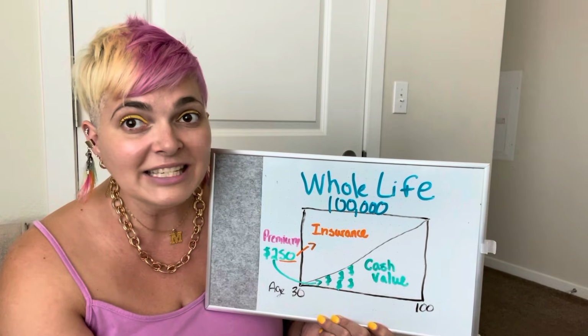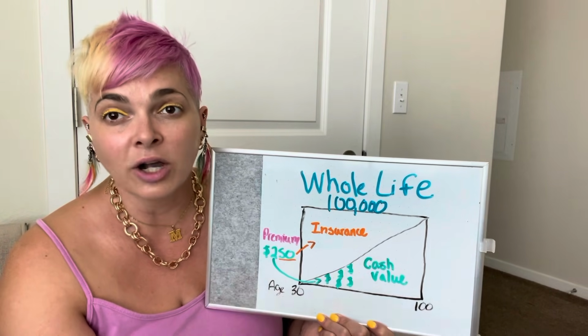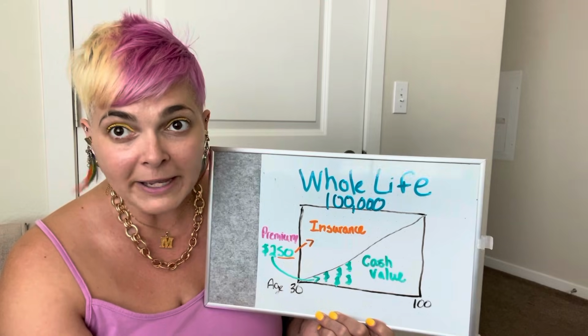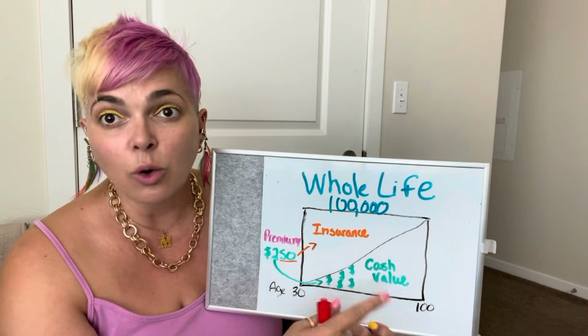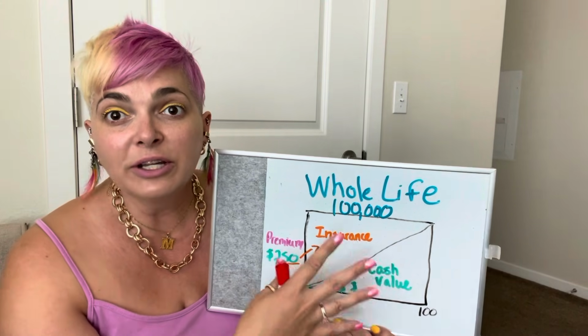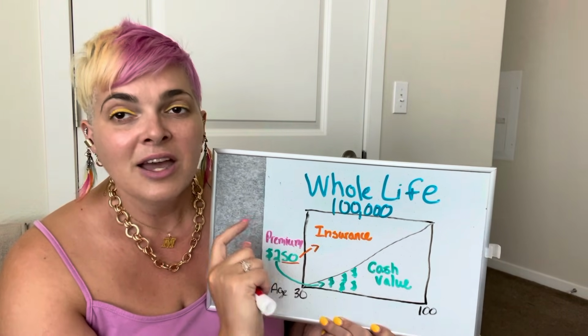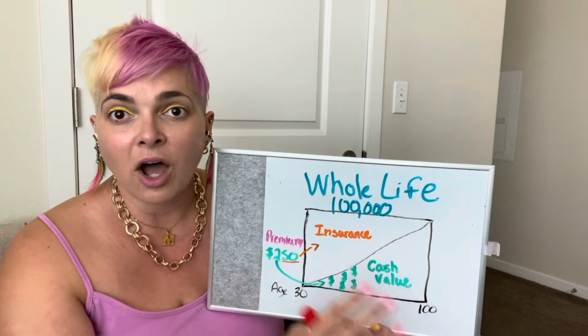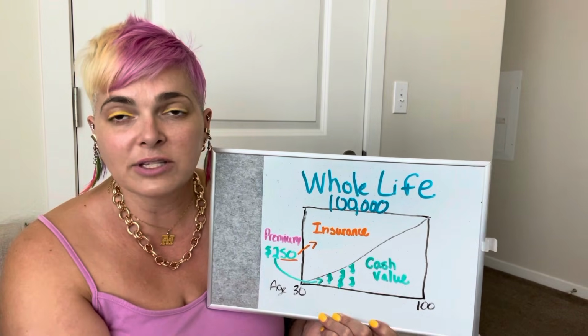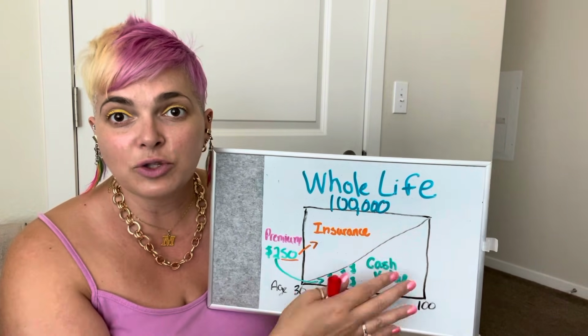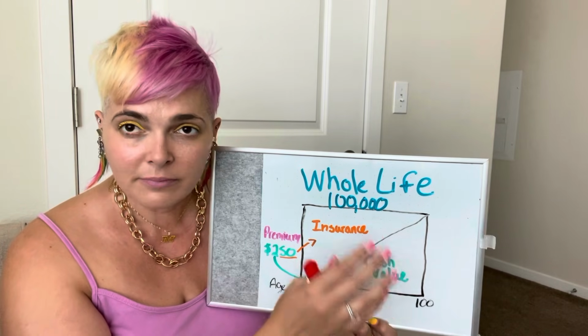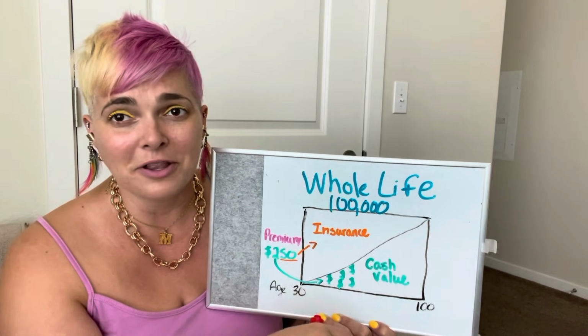You will always get the money as long as the policy is active and you're paying your premium. At whatever point you die or turn age 100, you will get all of the $100,000, unless you took out a loan. Taking money out of the cash value can lower your death benefit, but that's a whole other video.